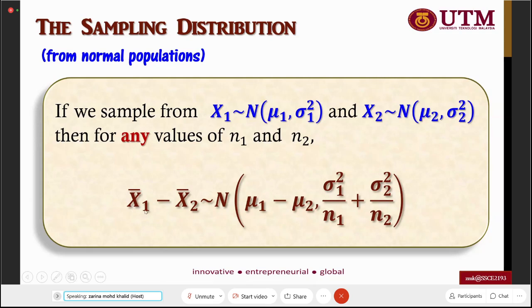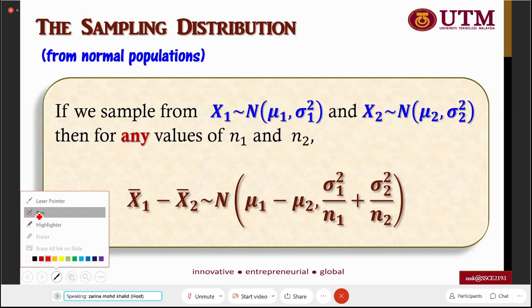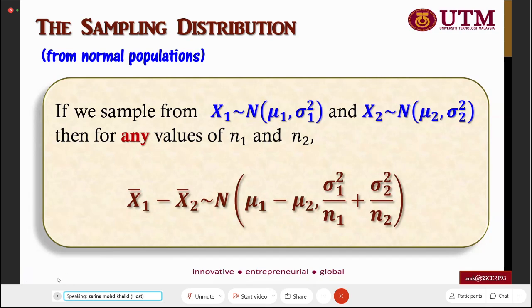If you are talking about X bar 1 minus X bar 2, then the mean will be mu1 minus mu2. Okay, as you know, mean measures the location. So it has to follow the pattern. So meaning if you have X bar 1 minus X bar 2, then you have mu1 minus mu2 as the mean.